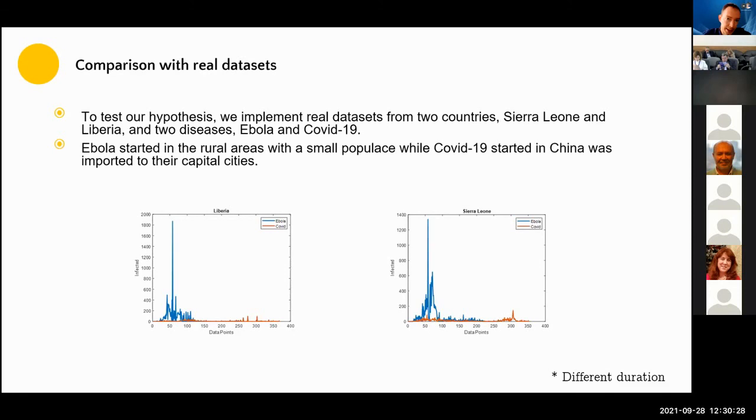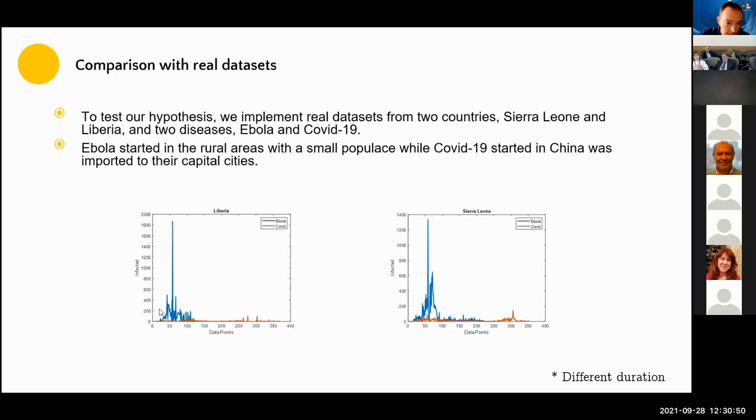So I chose Ebola and COVID-19 in Sierra Leone and Liberia, because they were hit by Ebola 6-7 years ago, and we have COVID-19 now. So not a lot of time has passed, and there are some differences between the diseases. Here you can see how Ebola and COVID-19 spread.